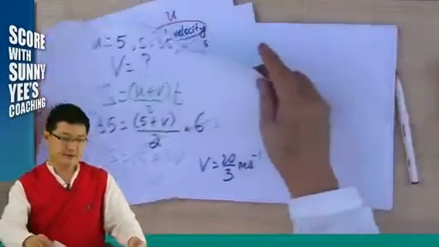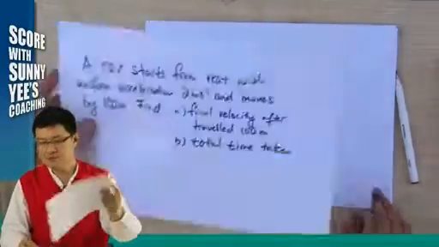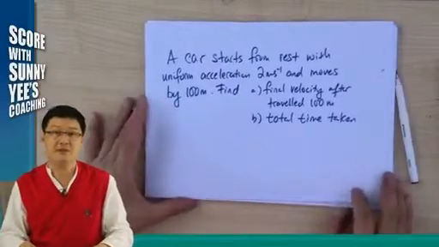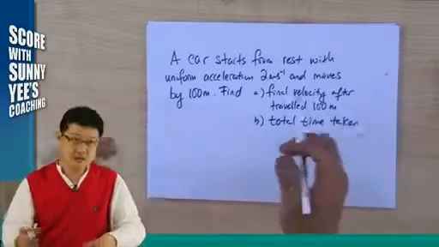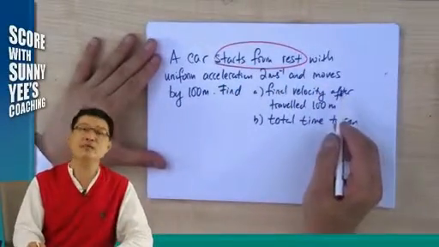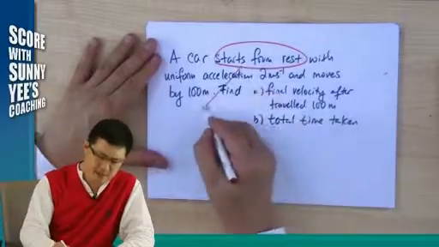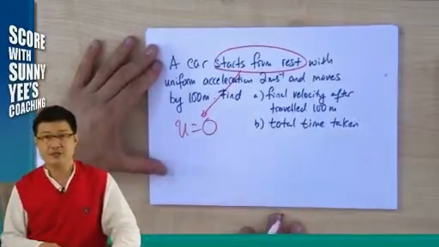Okay? We'll give you one more example, as many as possible. Remember, practice makes perfect. Next one. A car starts from rest. So underline the word rest. So what is the keyword? Starts from rest, meaning what? U equals 0. I just mentioned just now.